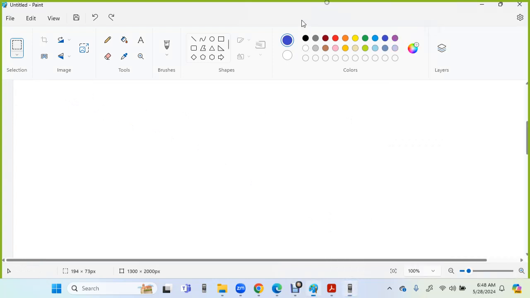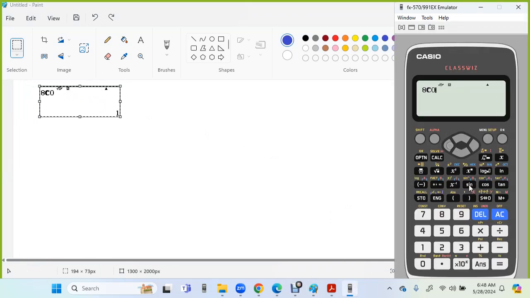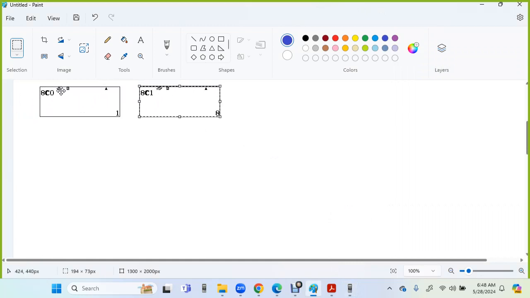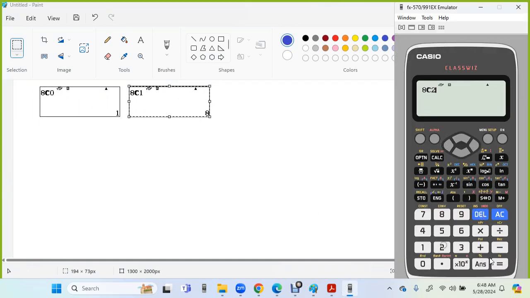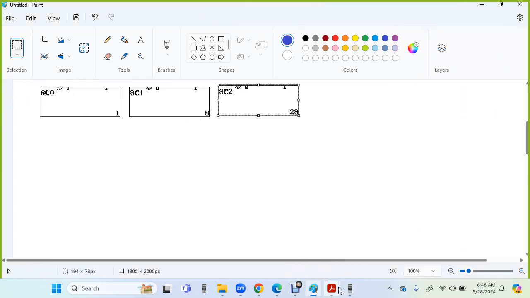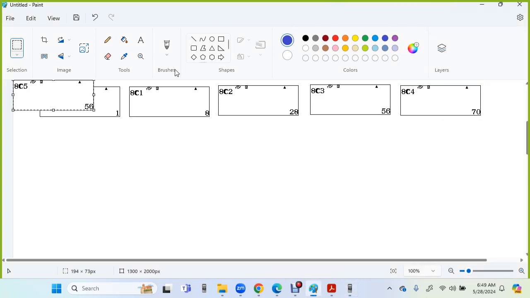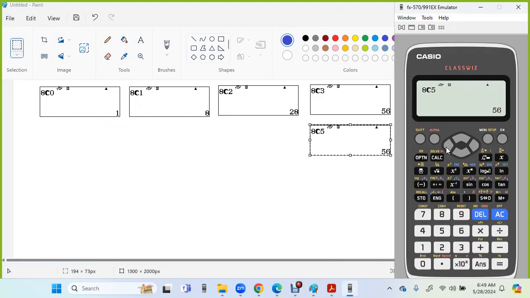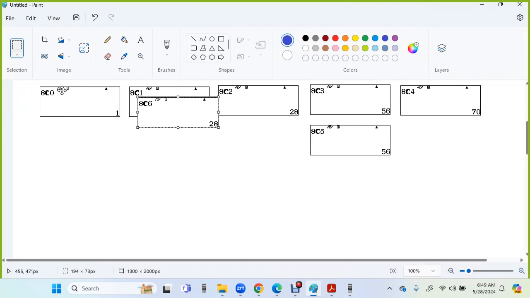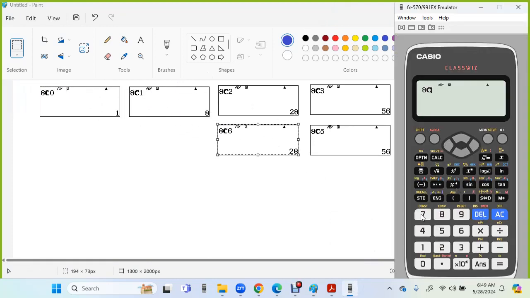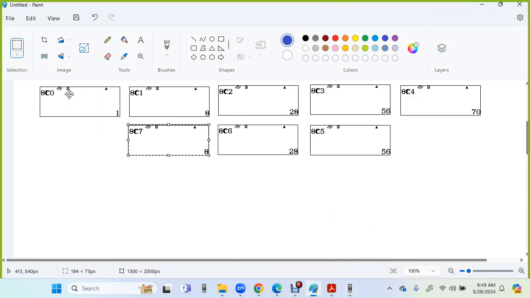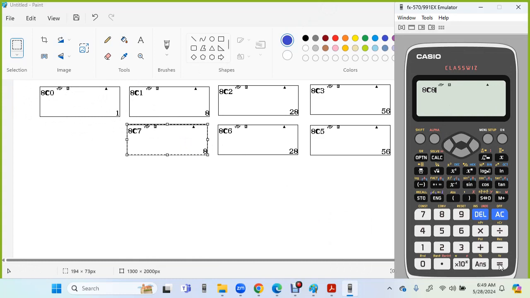So we have 8C0 is 1, and then 8C1 is 8, then 8C2 is 28, and then 8C3 is 56, and then 8C4 is 70, and 8C5 is 56, same as 8C3, and then 8C6 is 28, and then 8C7 is 8, and 8C8 is actually 1.